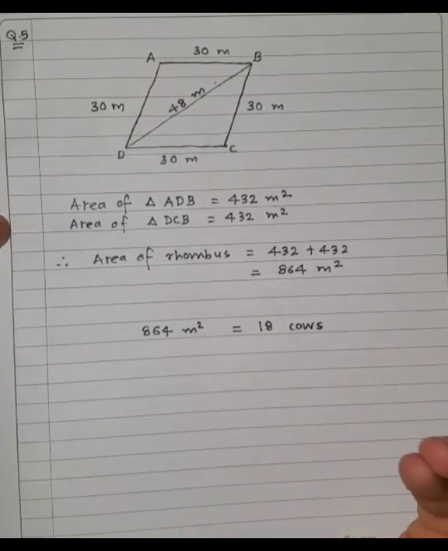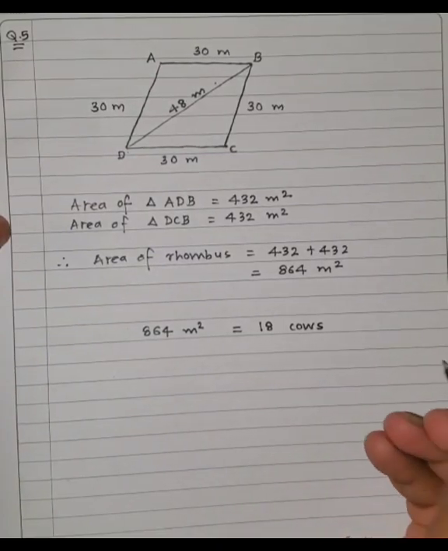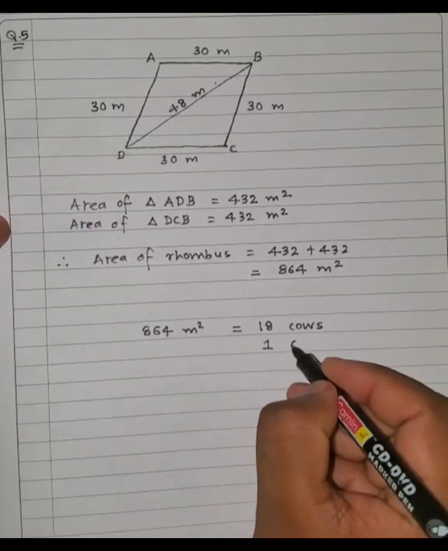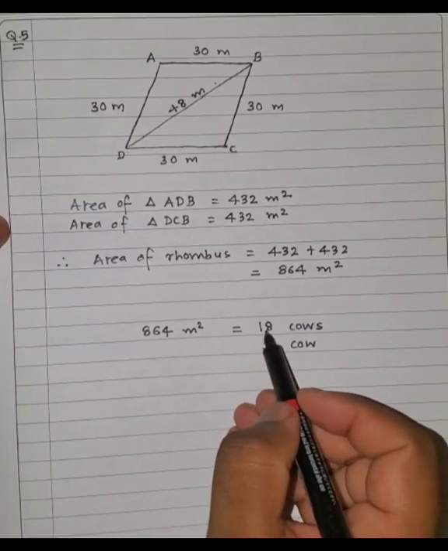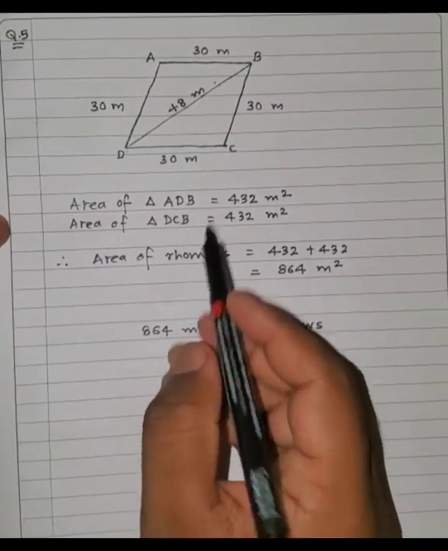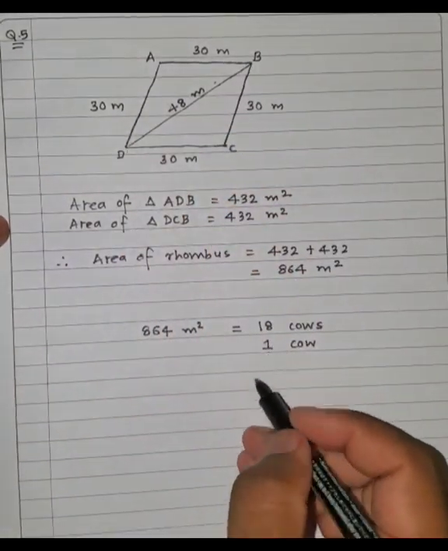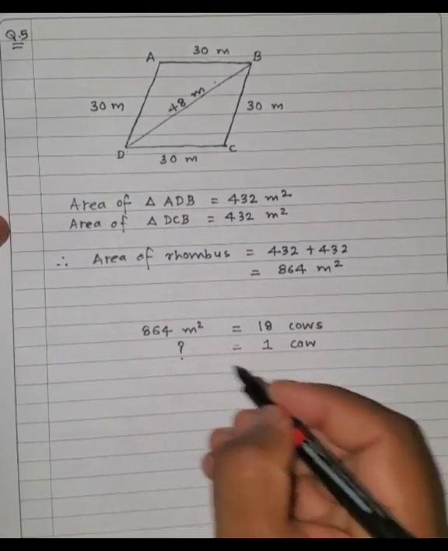And we have been asked to find how much area would one cow get for grazing? So 18 cows have got 864 meter square, that is the entire rhombus. So one cow would get how much?